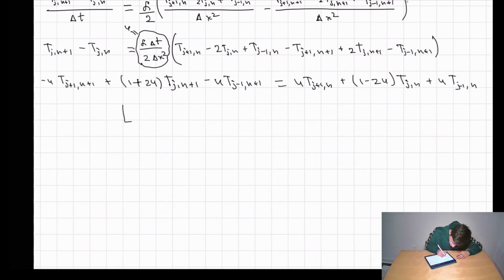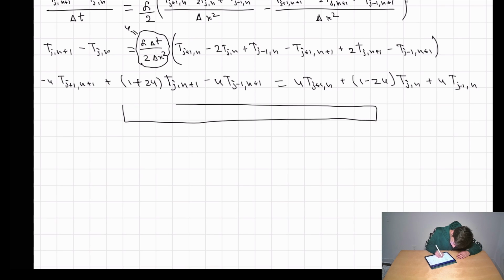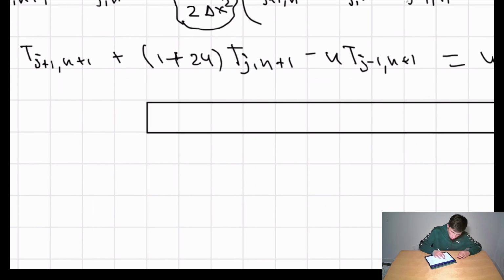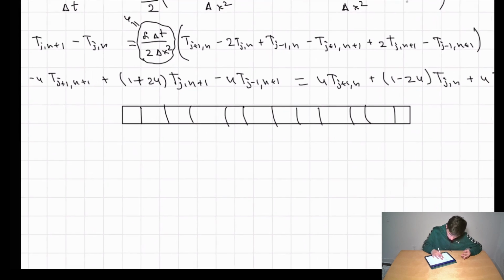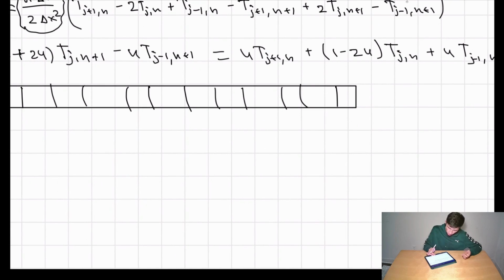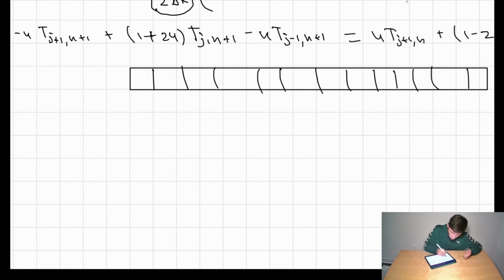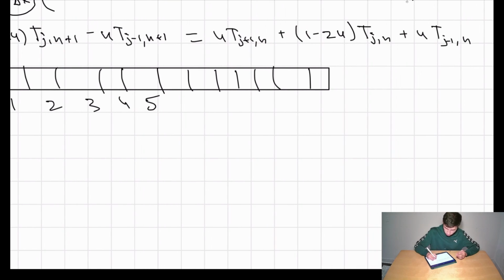If we imagine our bar, the temperatures at the two ends are different, and everything is divided into dx's: j equals 0, 1, 2, 3, 4, 5 up to n, and this last one is n minus 1.